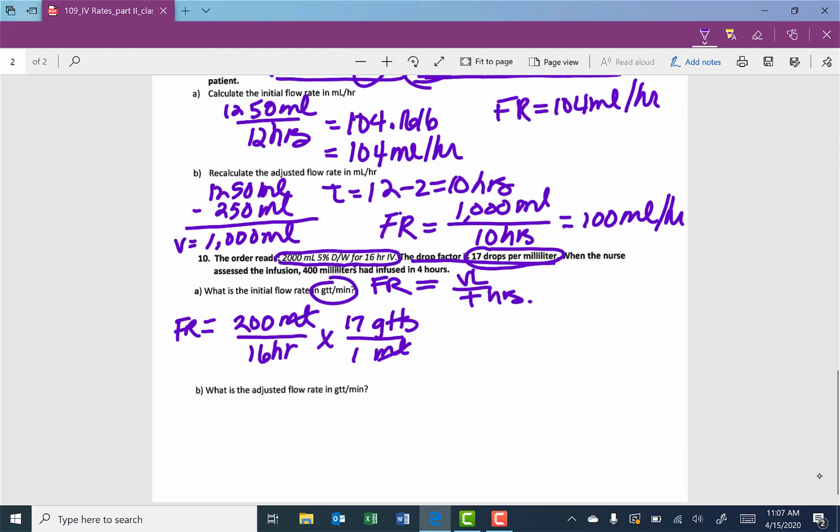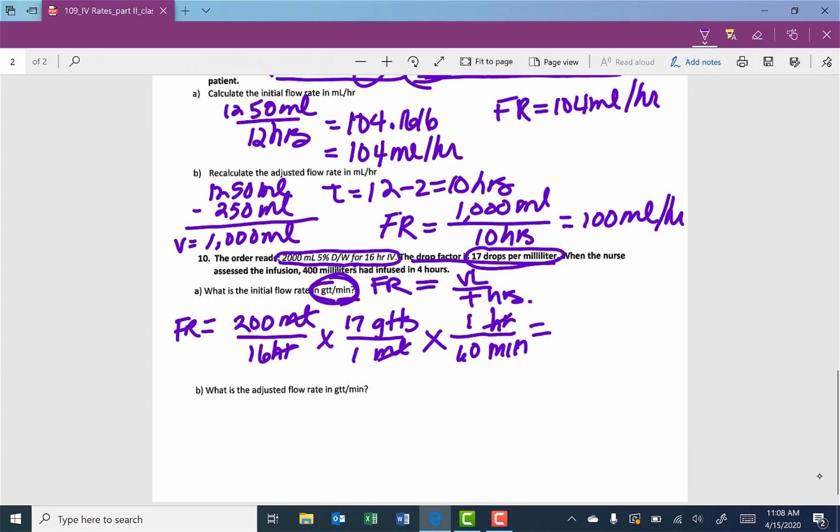That would mean our milliliters cross out and our units are now drops per hour, but we need drops per minute, so we're going to do a third dimensional analysis, which is going to take care of this hour here and change it to minutes. And you know that 1 hour is 60 minutes. So your hours cancel out, and look what units you're left with, drops per minute, and that's what we needed to get our answer right.